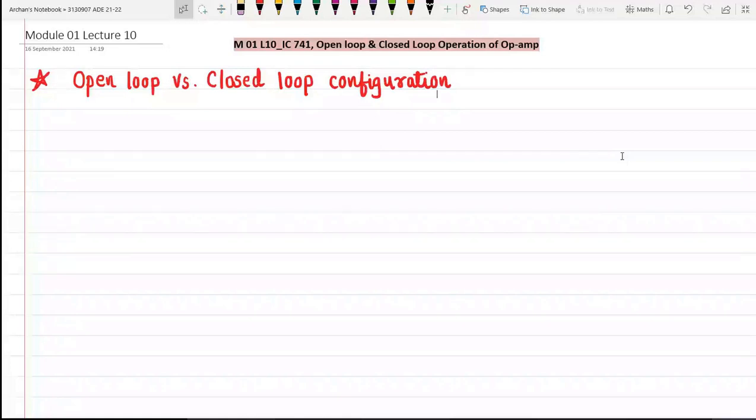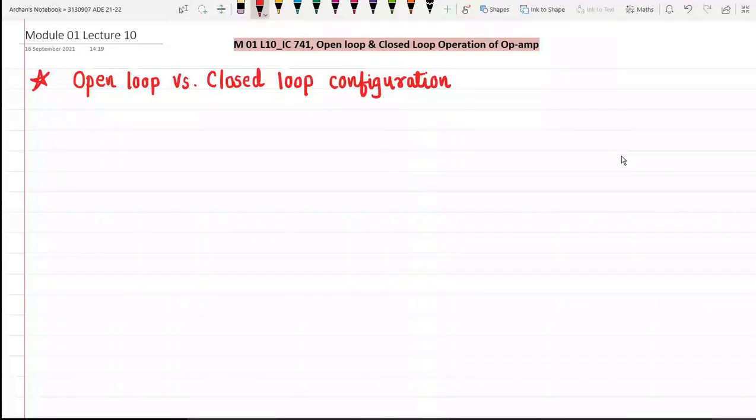Okay, so talking about the open loop configuration first. This is the simplest possible way to use an op amp, that is, in open loop configuration.